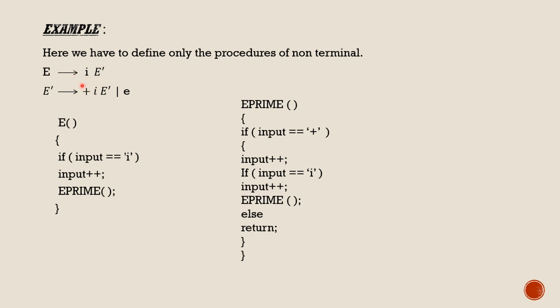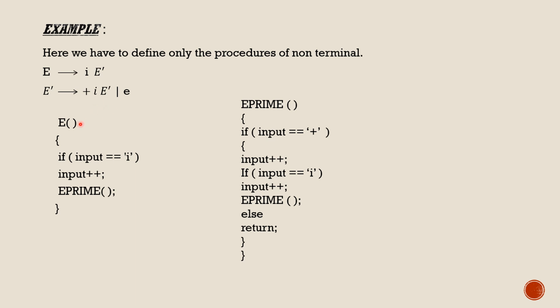The terminals are i, plus and epsilon, because lowercase letter symbols are known as terminals, and non-terminals are uppercase letters. We can see the program; it is a simple program for these production rules.